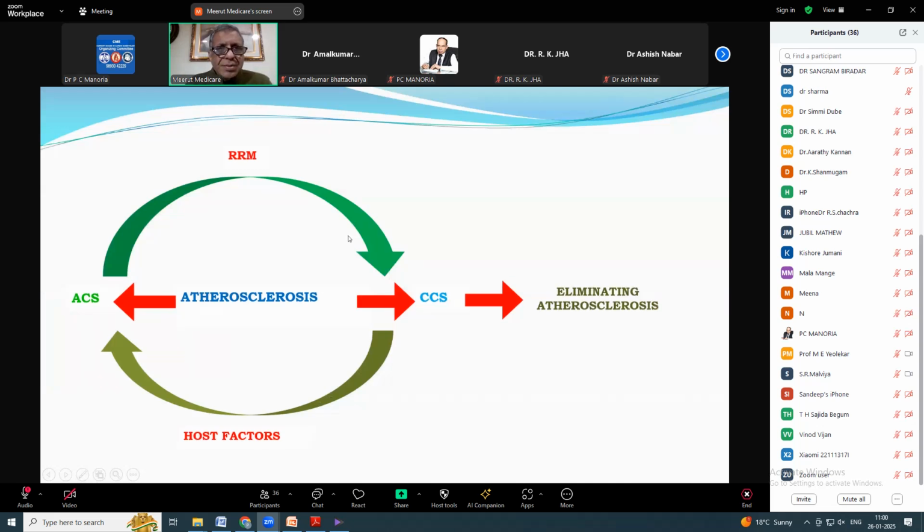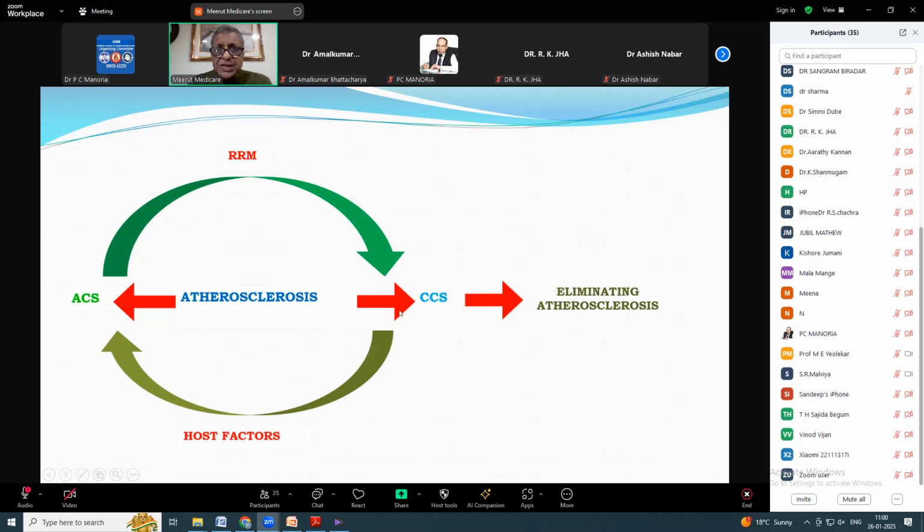This is a rabbit hole I keep showing in all the meetings. Atherosclerosis can manifest as ACS, CCS, risk reduction, risk factor modification, residual risk reduction or modification, host factors, and most of the clinicians are in this loop. ACS, CCS, ACS, CCS.